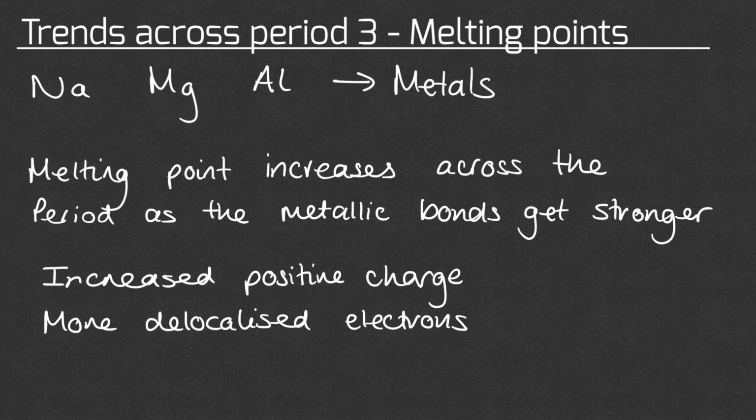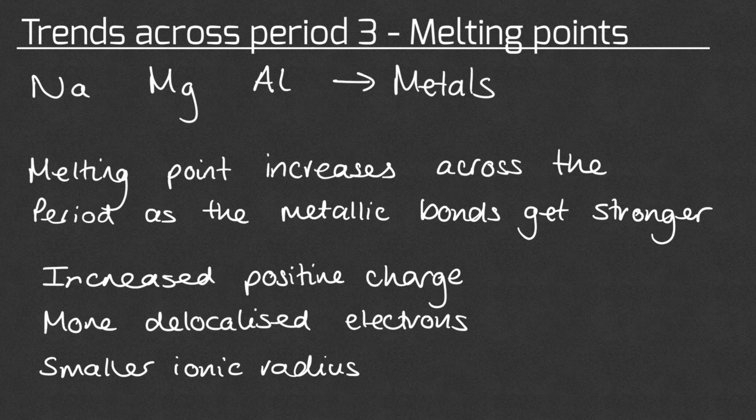You also increase the number of delocalized electrons. So because sodium is a 1+ charge, it has got 1 delocalized electron. Magnesium a 2+ charge, so 2 delocalized electrons, and aluminium a 3+ charge, so 3 delocalized electrons.